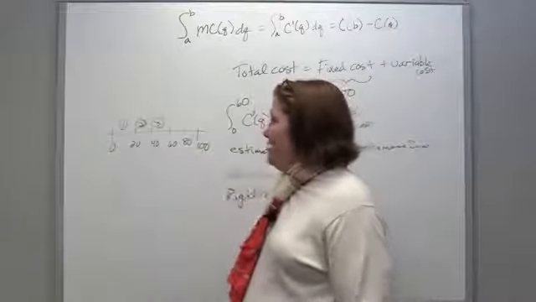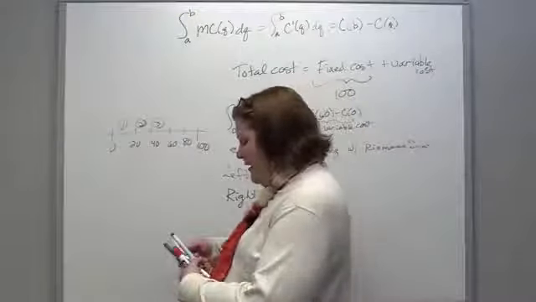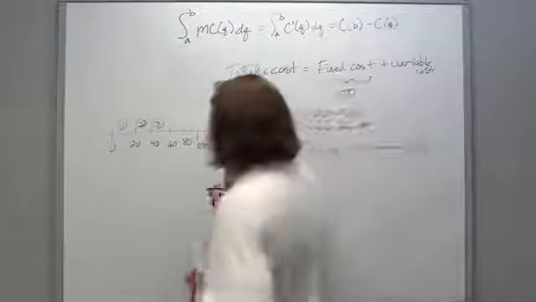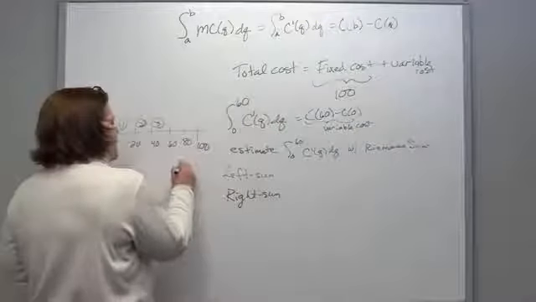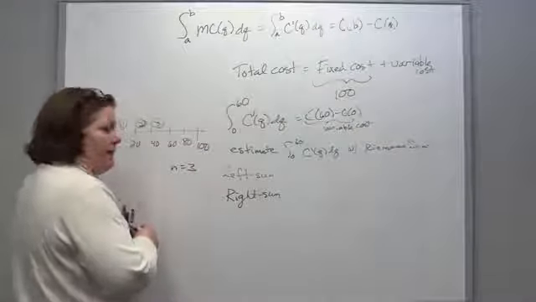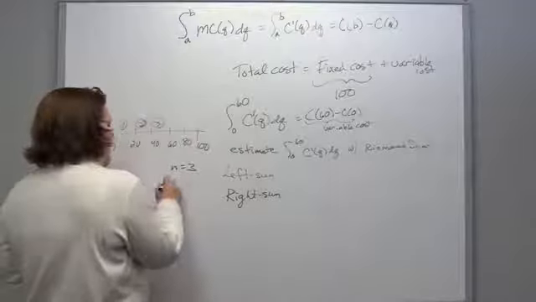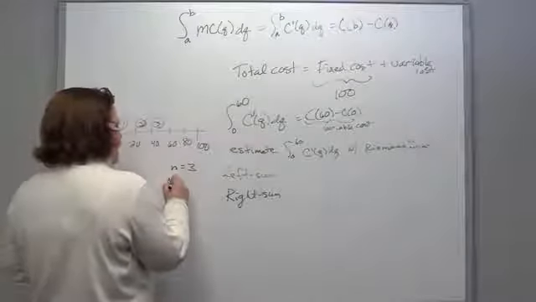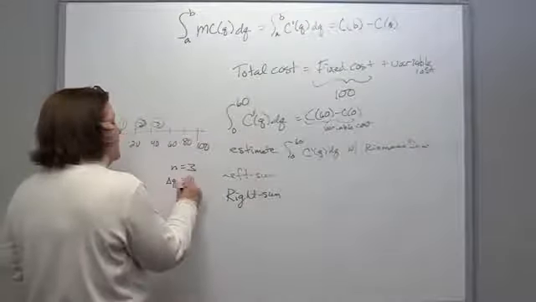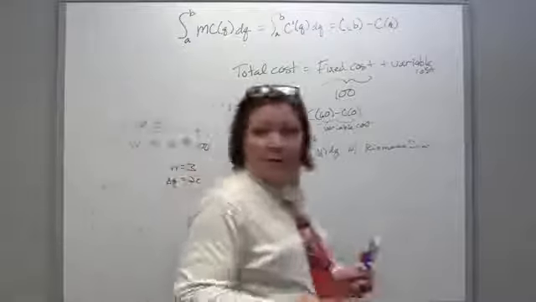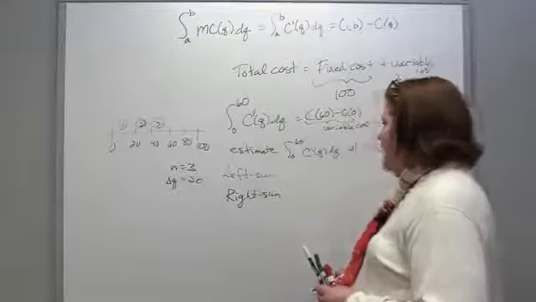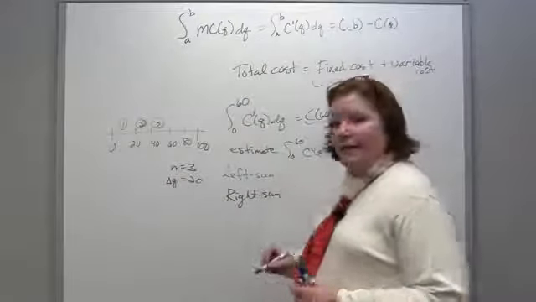Using the terminology from before, the n would be 3, and the width, delta x, well, in this case delta q, would be 20 for both of these sums.